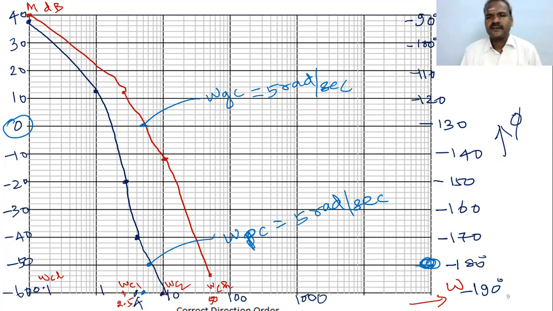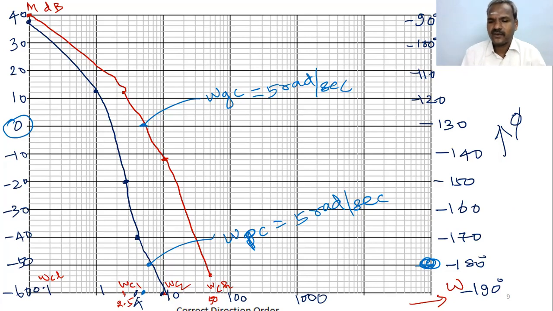It is 0, right? Similarly, what is phase margin? The phase angle of G of j omega at gain crossover frequency. Okay, that is phase margin. So the gain margin is also 0, the phase margin is also 0, right? Both gain margin and phase margin are 0 here, right?